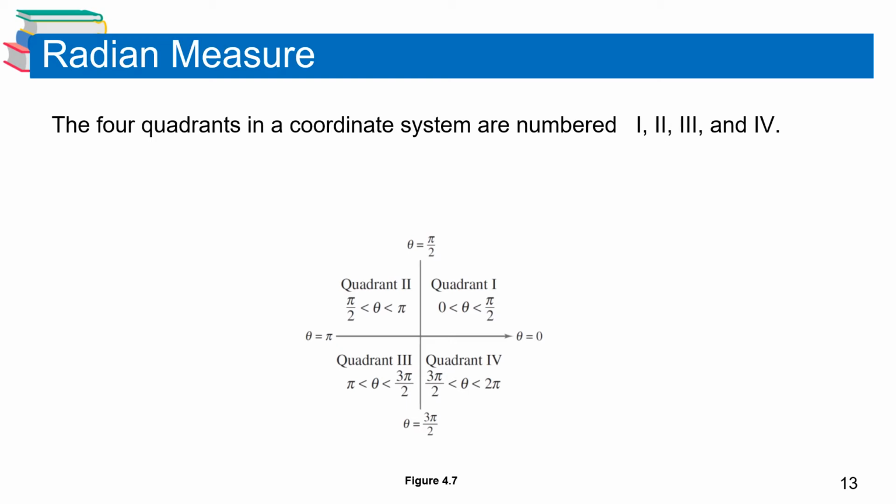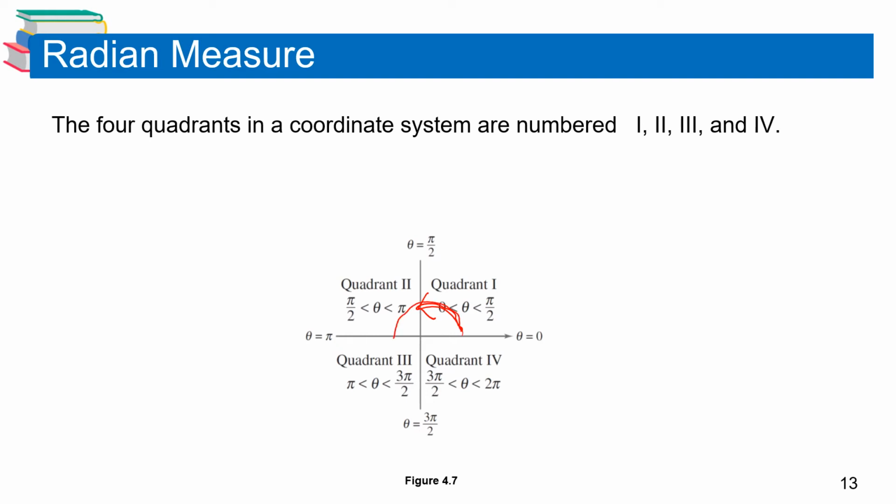And in this, we have the first quadrant, second quadrant, third quadrant, and fourth quadrant. If I'm trying to find the angle which lies in the first quadrant, I have to measure this angle from this point to that. So the angle can vary from 0 to 90 degrees. What is 90 degrees? 180 divided by 2, or pi by 2. So it varies from 0 to pi by 2.